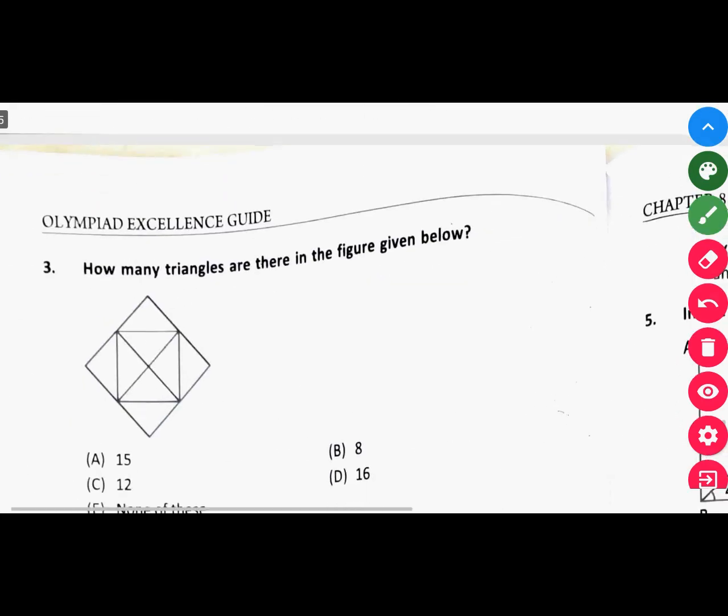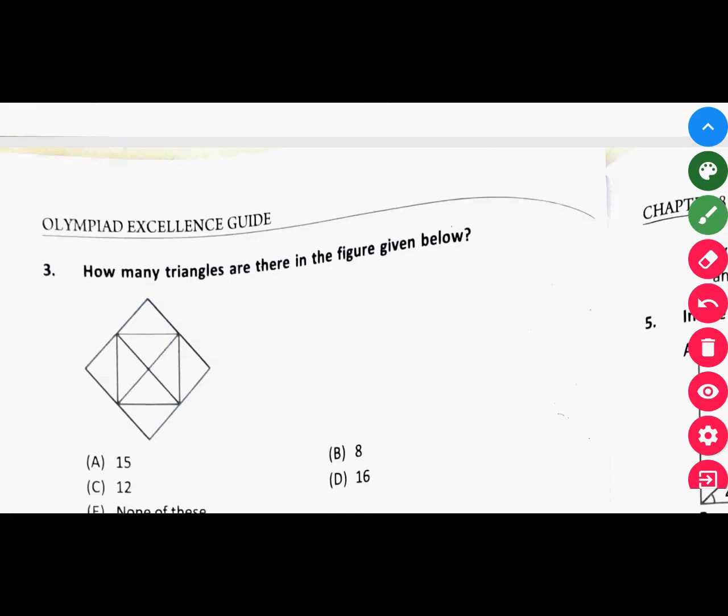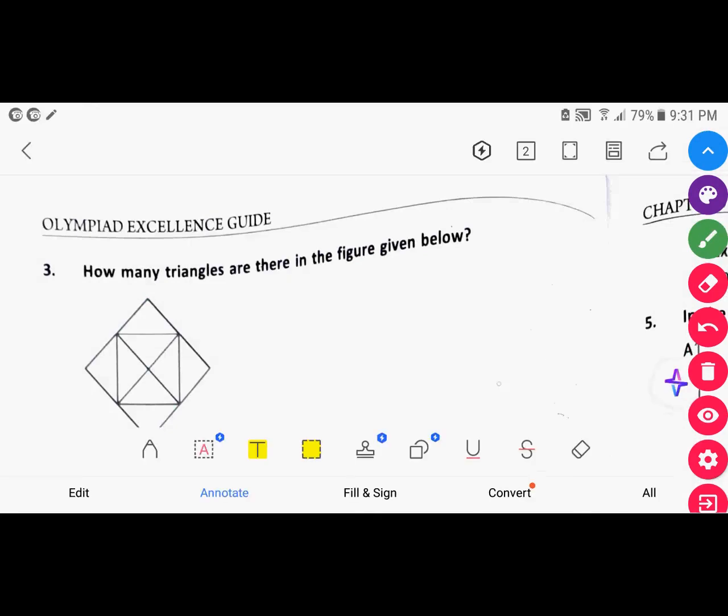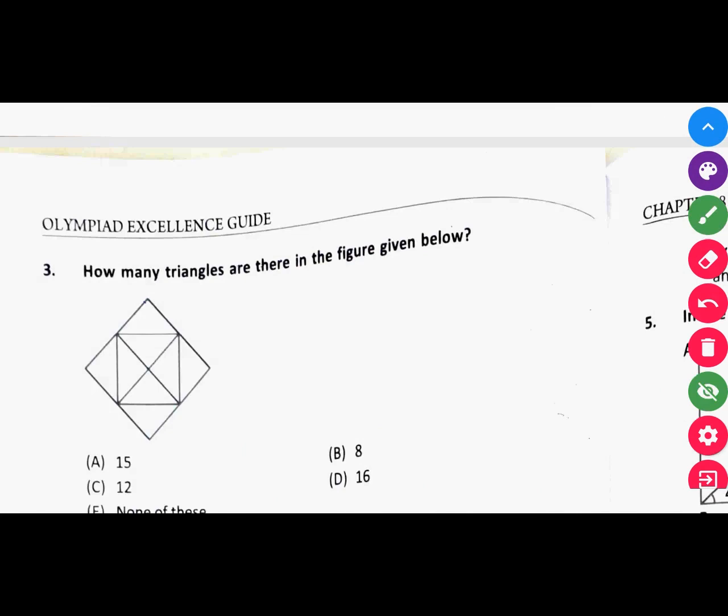Now the next one is, how many triangles are there in the given figure below? So you have to count the triangles. We will just count it. You also count along with me. 1, 2, 3, 4, 5. I will show with another color. 5, 6, 7, 8.